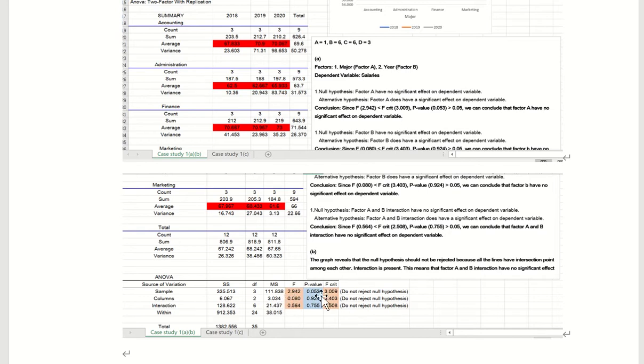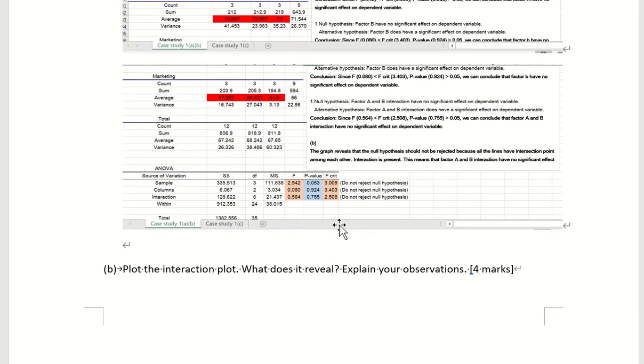And all the three p values are more than 0.05, so we will not reject the null hypothesis, which means for the first hypothesis, factor A has no significant effect on dependent variable, and for the second hypothesis, factor B has no significant effect on dependent variable, and for the third hypothesis, factor A and B interaction have no significant effect on dependent variable. So this is for question A.